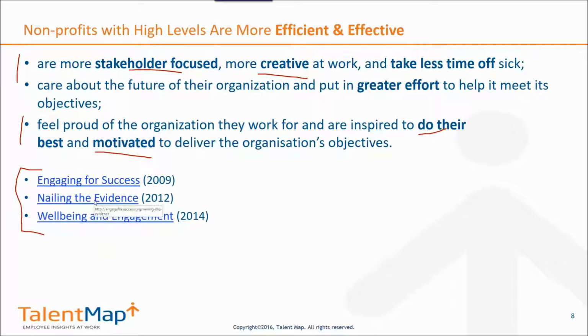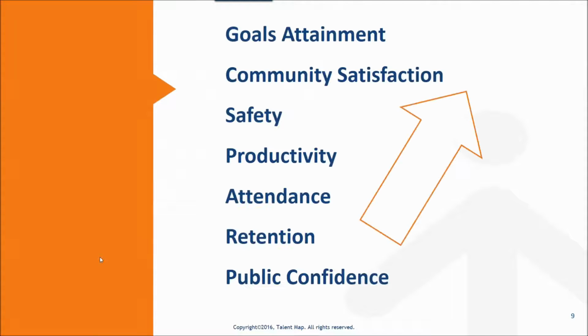Nailing the Evidence, it's at the same website, and it's excellent because it shows all of the evidence that's been produced around linking engagement to a whole bunch of business outcomes, both for profit and nonprofit, and well-being and engagement. So some good locations, and contact us and we can send you these reports and evidence that shows how engagement drives better business performance. All right.